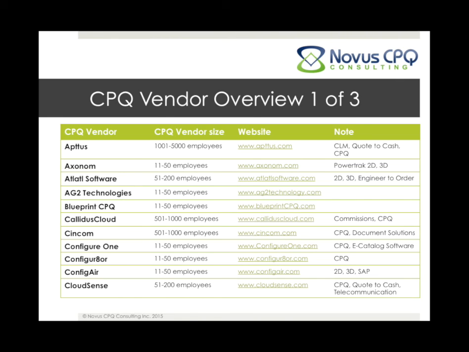Some are focused more on certain industries. Some are focused more on certain capabilities like graphics and 2D, 3D design, CAD integration, and so on. So you have to pre-sort these vendors a little bit for what you want to do with them, and then you can take the investigation from there.